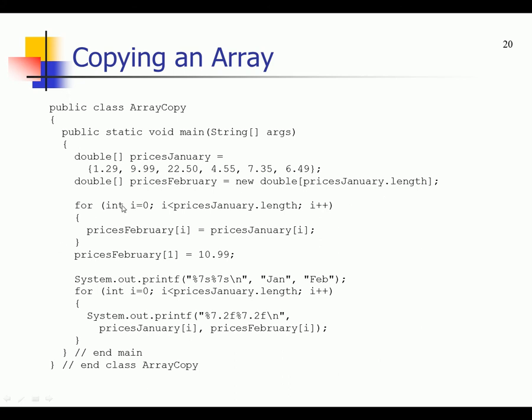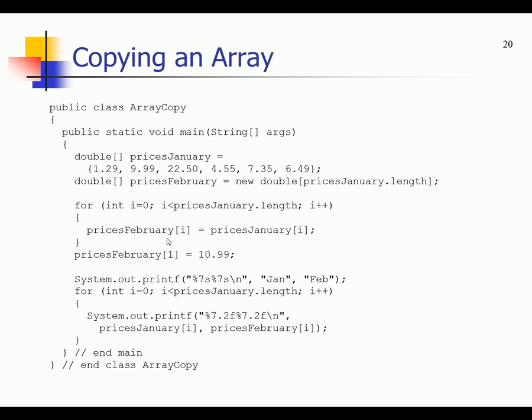Now, he has a loop that goes for the length of price is January, starting at 0. So he's going to go through 0, 1, 2, 3, 4, and 5, because there's 6 elements. Okay? And he's saying February's price for index 0 is equal to January's price index 0. So what happens to February? What becomes index 0? 1.29?